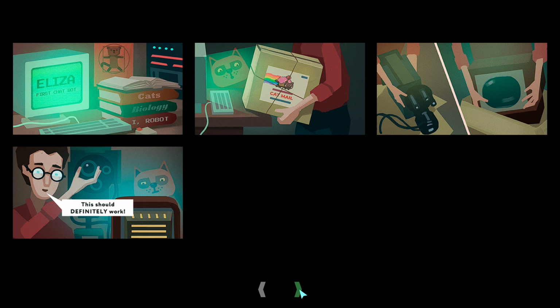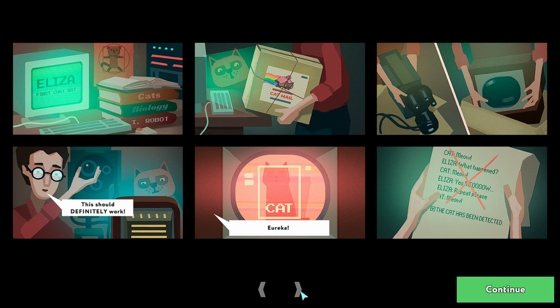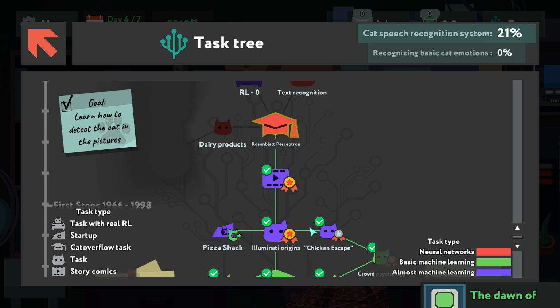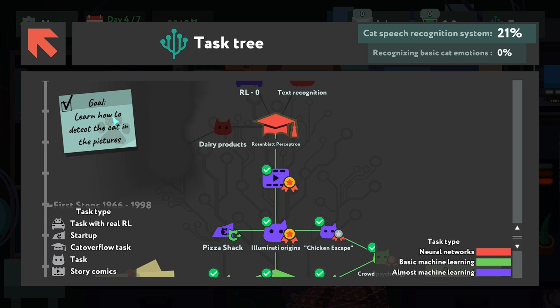Sorry, I had to sneeze. There's a camera and a TV. This should definitely work. Cat, Eureka! The cat has been detected. Okay, that part works. We've detected the cat in pictures. Yay!